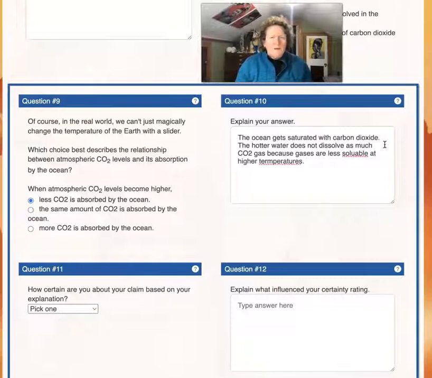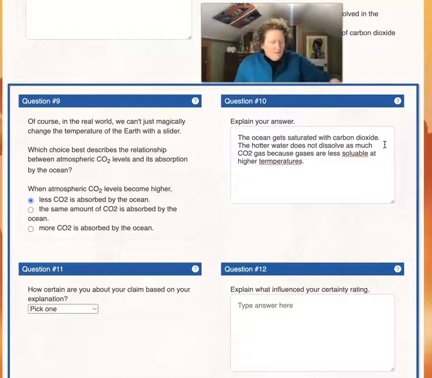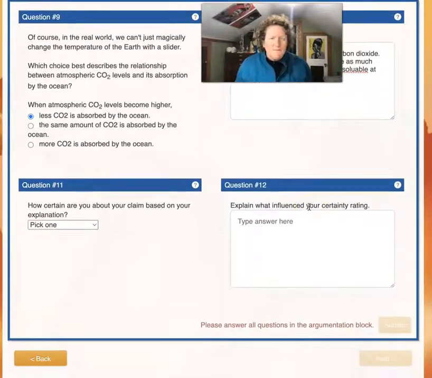This is also true for oxygen. Fish need oxygen in water, so cold water is actually good for fish because cold water dissolves more oxygen than hot water. So fish, especially in the Midwest, like cooler water. When we start to heat up their water, especially some species like trout tend to die because they don't have enough oxygen.